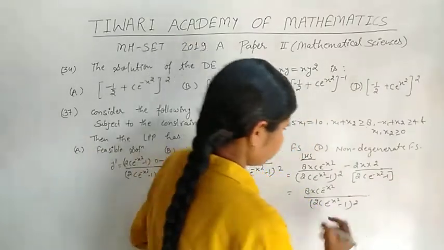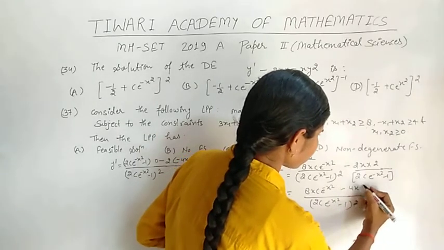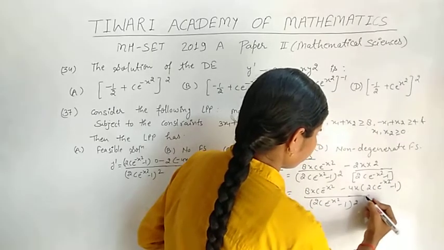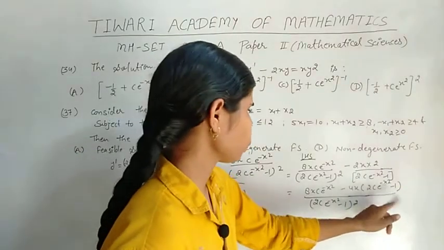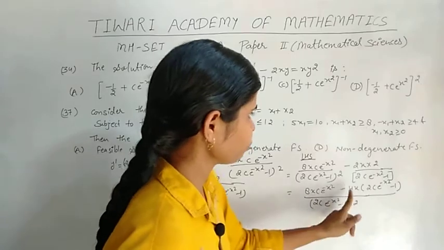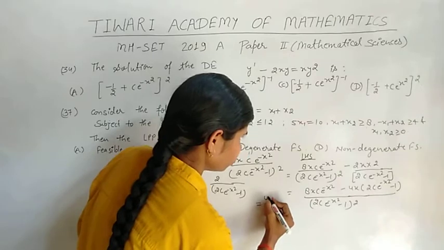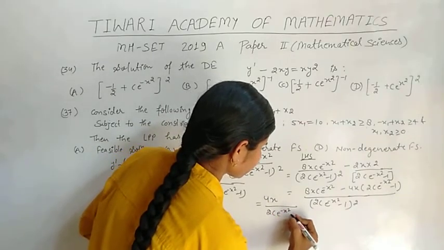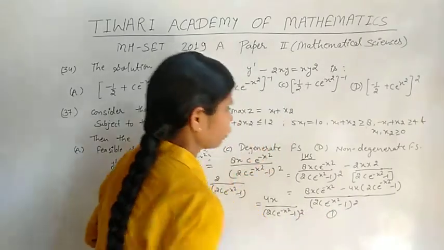Okay, one time multiply minus 4x 2c e raised to power minus x square minus 1. This term and this term cancel out. So finally negative into negative is equals to positive, is equals to 4x upon 2c e raised to power minus x square minus 1 raised to power 2. Equation number first, and it is our LHS.